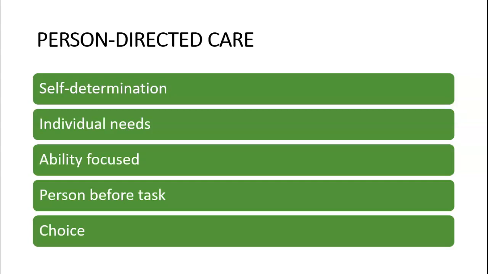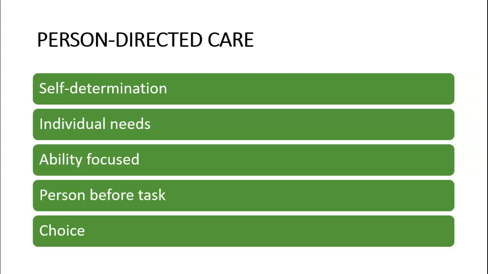But now they try to make things more directed toward what is best for the person that they're caring for. So it's self-determined. It meets that individual person's needs. It's focused on what they're able to do, so on their abilities. And it's person before task. It also has to do with choice.